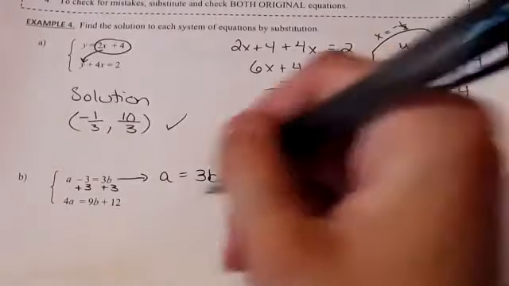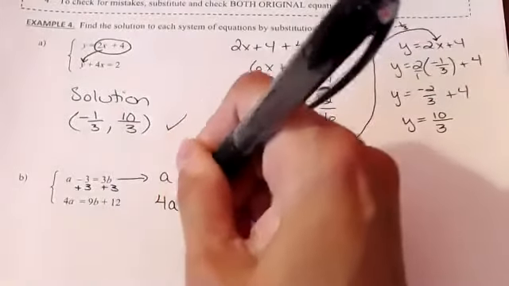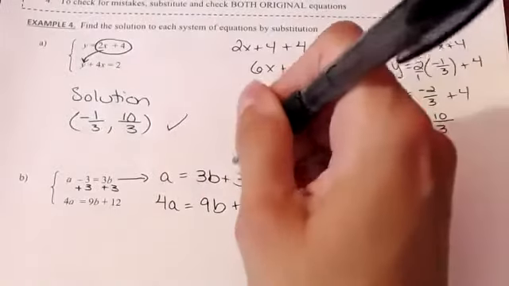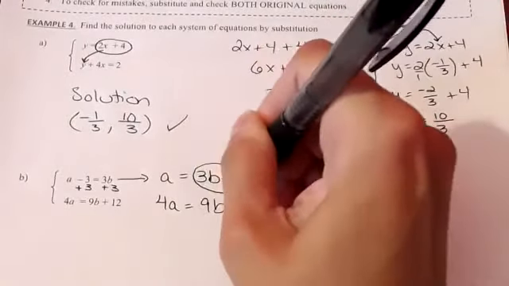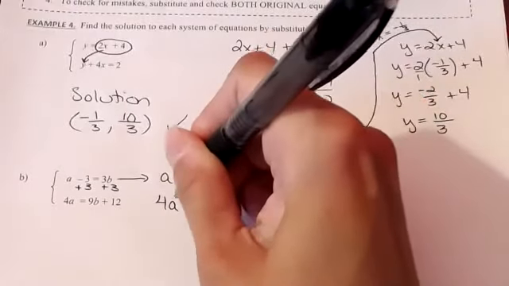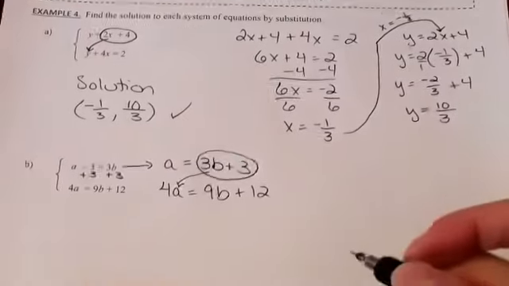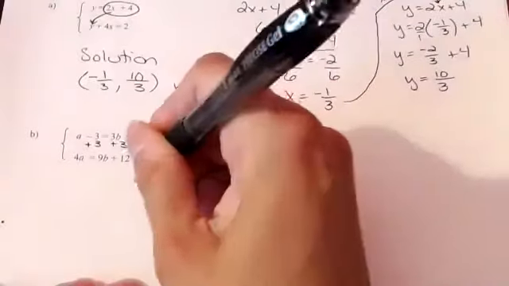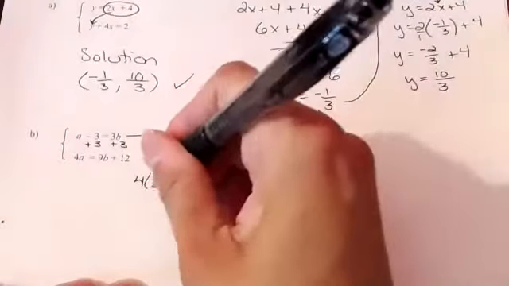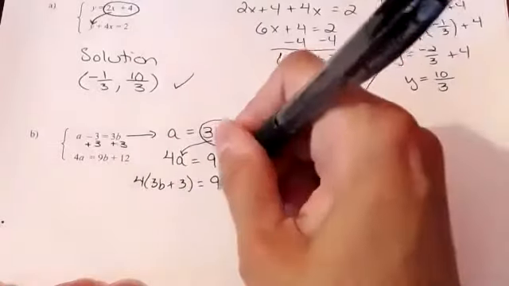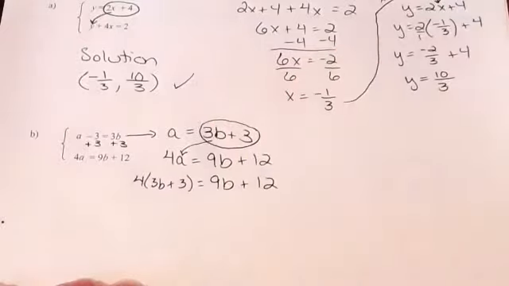So what we're going to do is take our second equation, which is 4a is equal to 9b plus 12, and all of our contents for a will go into a in our second equation. We're going to make a substitution. This is going to give us 4 parentheses, 3b plus 3. Always use parentheses when you're making substitutions. And then, of course, we bring down the rest of the equation.